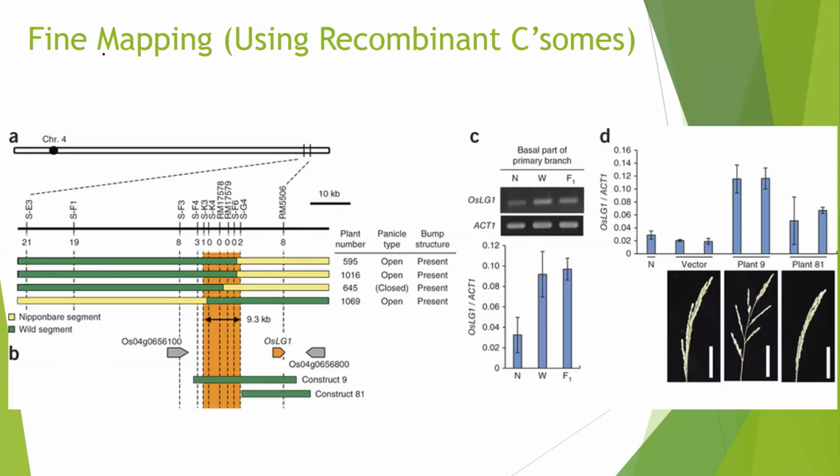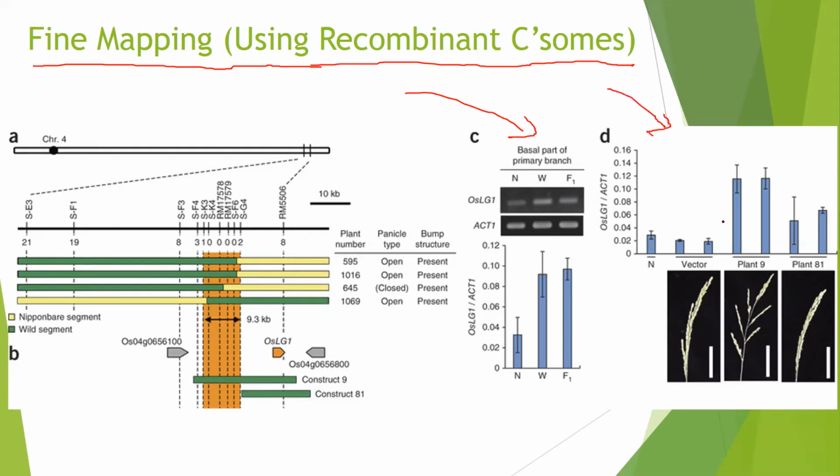And this is only for information. In the future, we're going to study how we can use fine mapping by recombination experiments to help us identify the real genes responsible for the traits of interest, and we can also do many experiments to validate those genes.